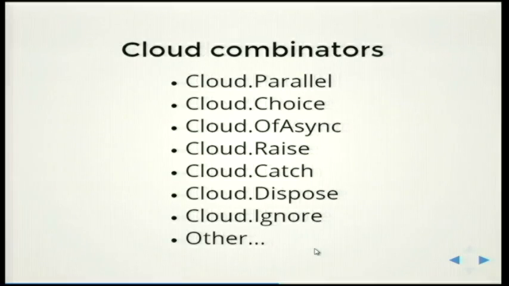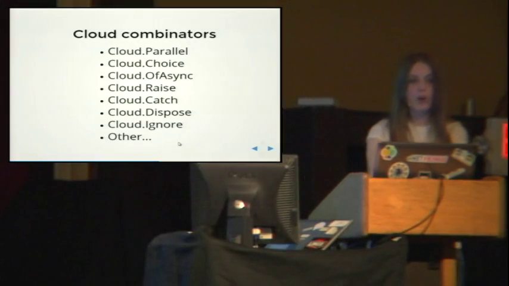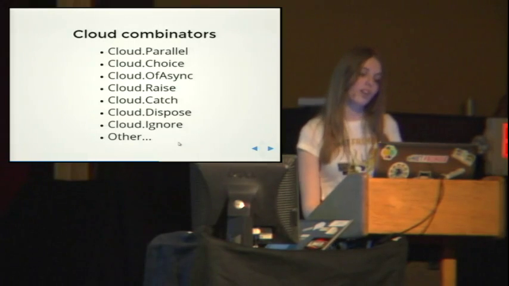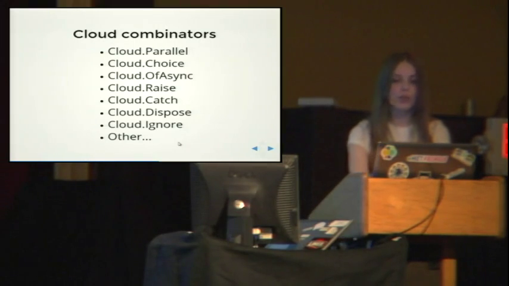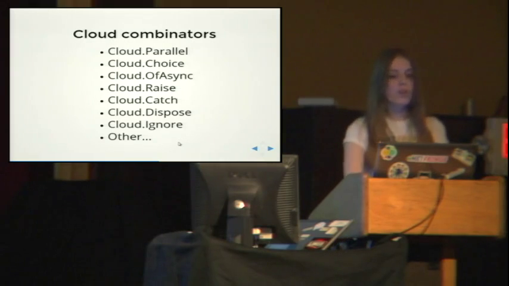Cloud Choice is very similar to Cloud Parallel, but it takes computations that should return a value of type option, either some or none. So it returns only when at least one function returned some value, or if none of the functions return anything.